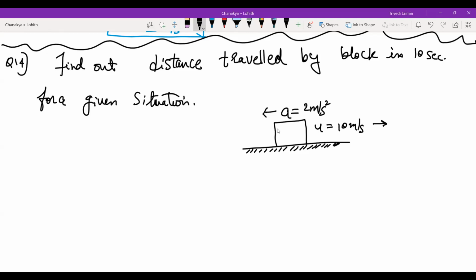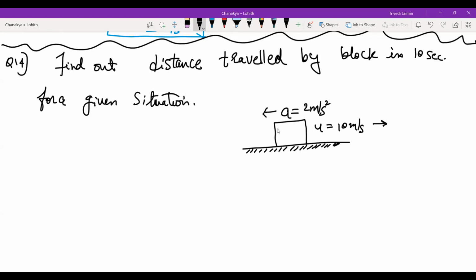Okay, so this is the condition given. What do you see from the condition? The force and the velocity and acceleration in different directions. Initial velocity is in a different direction, acceleration is in a different direction.